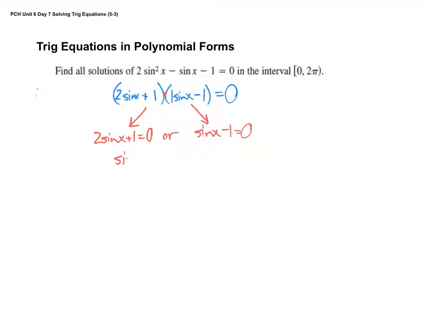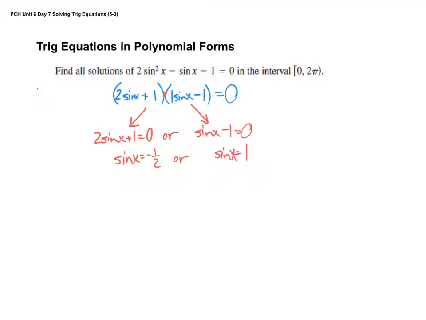So sine has to be negative 1/2, or sine has to equal 1. Does everyone follow this?